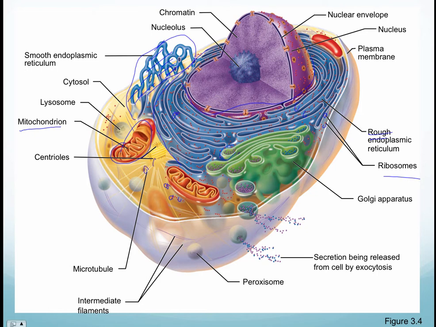Another organelle we have is this Golgi apparatus, which interacts very closely with our rough ER. So once we can create all our proteins here in our rough ER, we can send that over to our Golgi apparatus. We also have peroxisomes. This is for detoxification. And then we have lysosomes digesting worn out material.